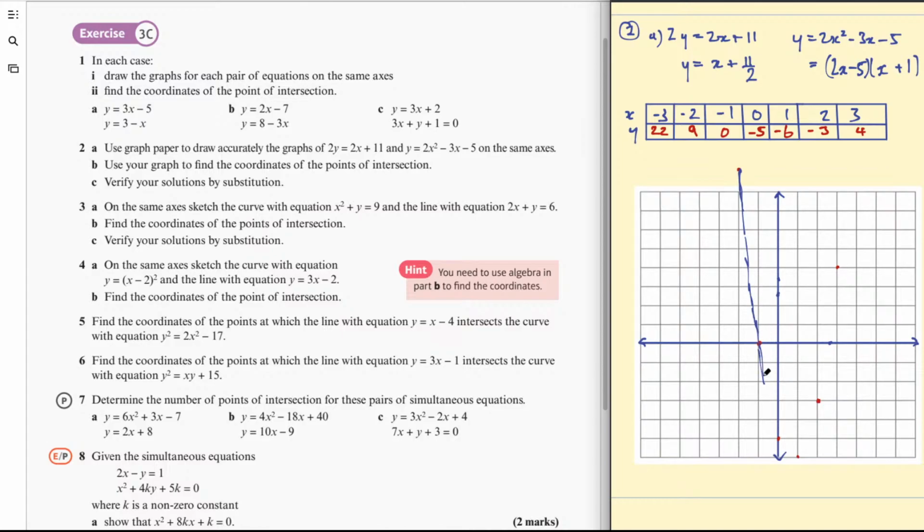Maybe they're expecting us just to do this with some graphing software. Although this does come up in exams, so you are expected to be able to do this accurately.